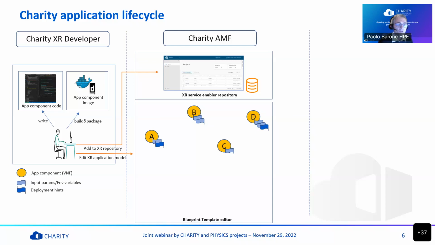He can also define deployment hints to say, for example, that a specific service must be run on a cloud node, while another one can be run on an edge node. He will define the connection links between the services. And finally, he will specify, if needed, quality of service requirements for every communication link.